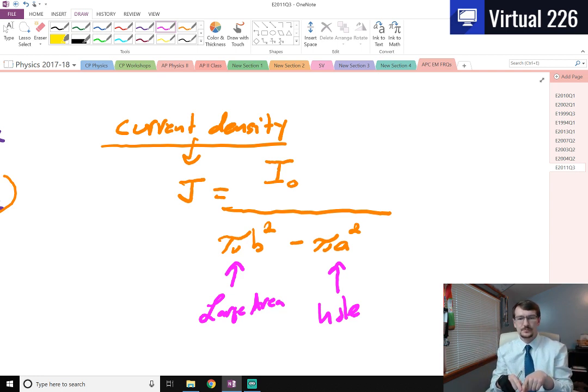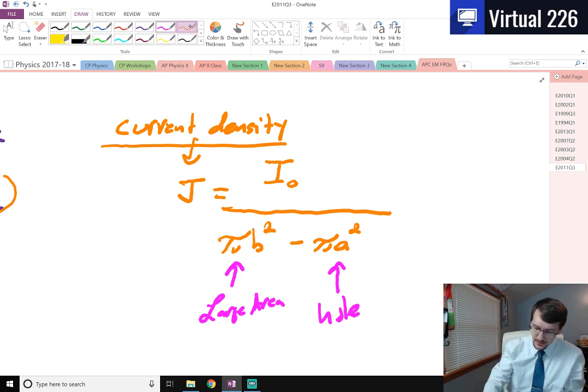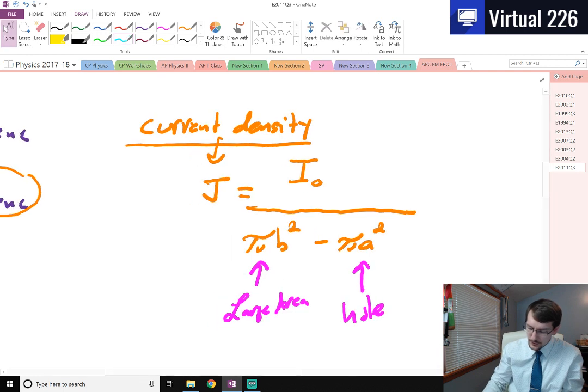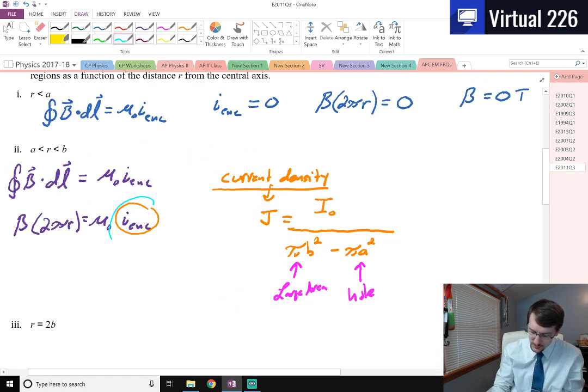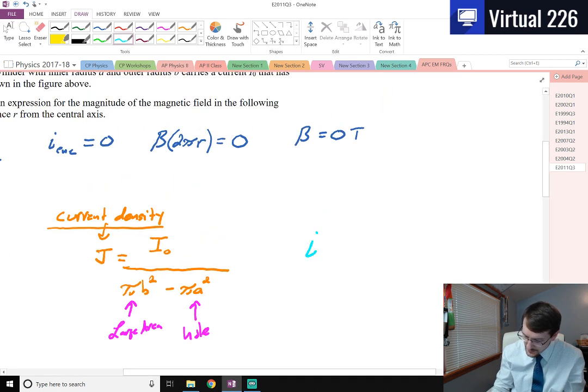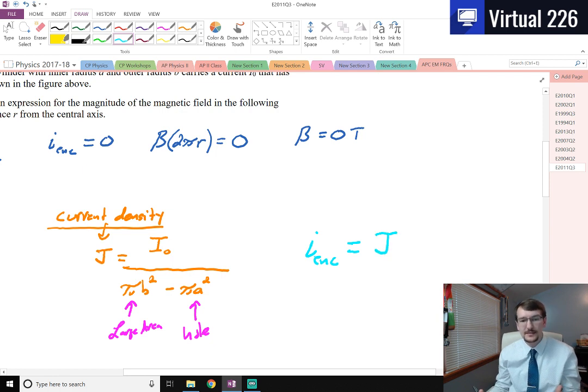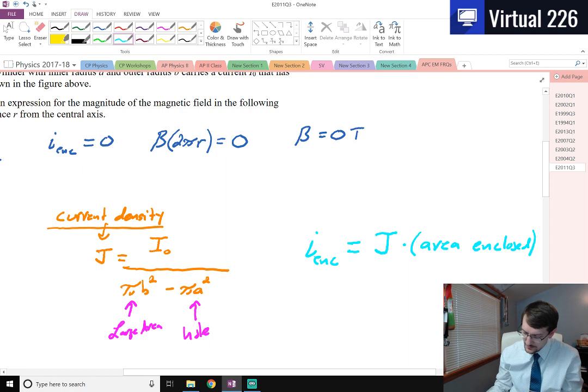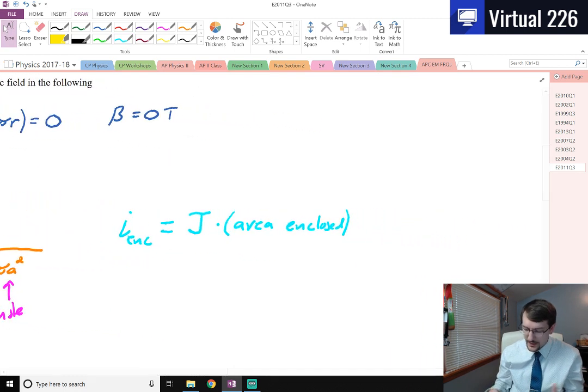So what we can do here is say that our enclosed current, because that's actually what we need here, is equal to the current density multiplied by whatever area we're enclosing.